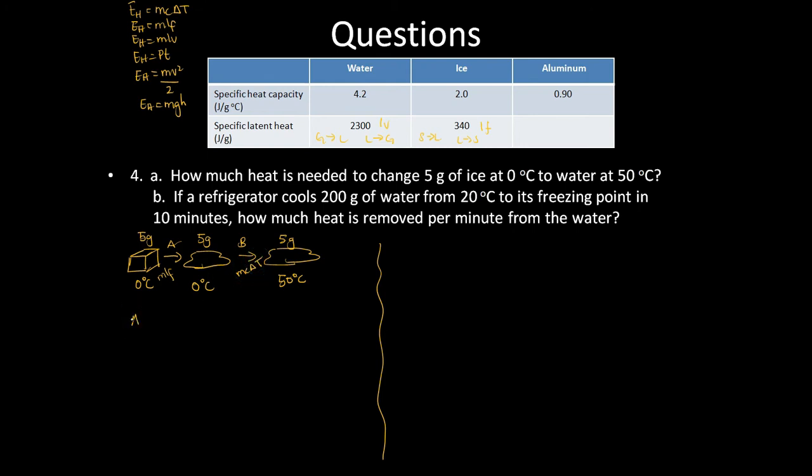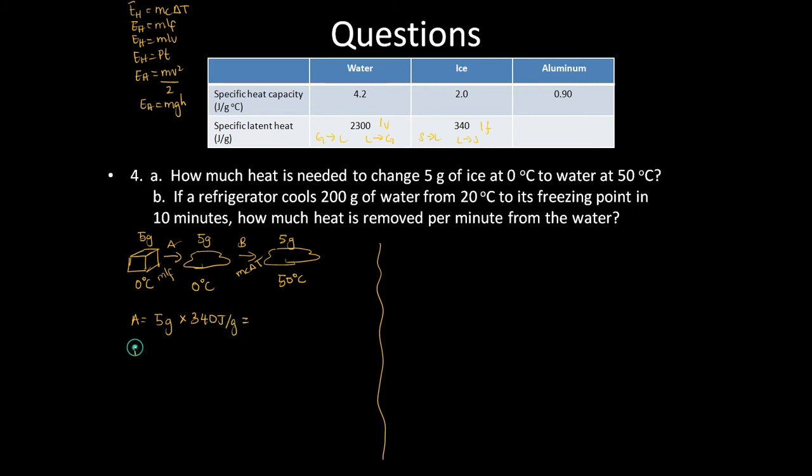So A is now equal to, because I want to save space, I'm not going to write the equation, I'm just going to write down the numbers. So this is a mass times the latent heat of fusion of solid ice to liquid icy water. That's the joules per gram.